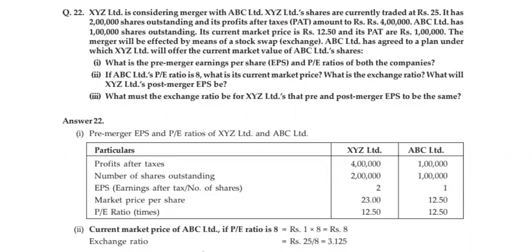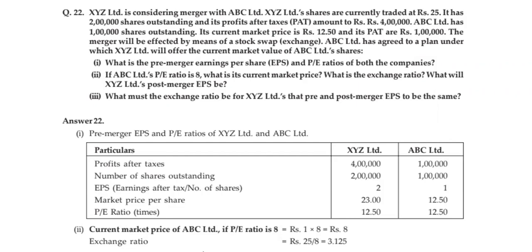Market price per share is given in the problem. For XYZ Limited, he has told us 25. But for ABC Limited, it is mentioned in the problem as 12.50. But why we have taken 23 is, see, the current market price of XYZ is 25.